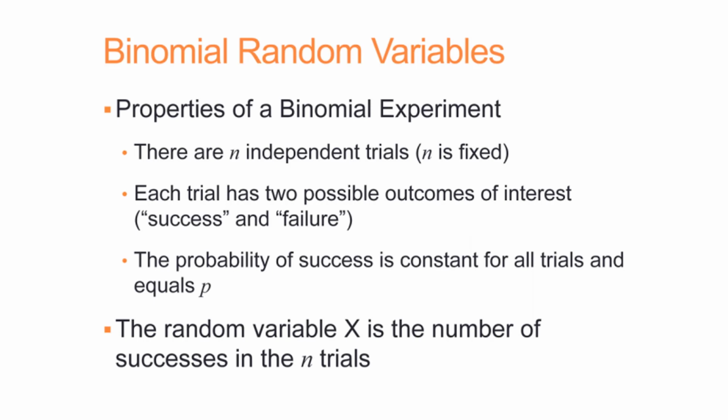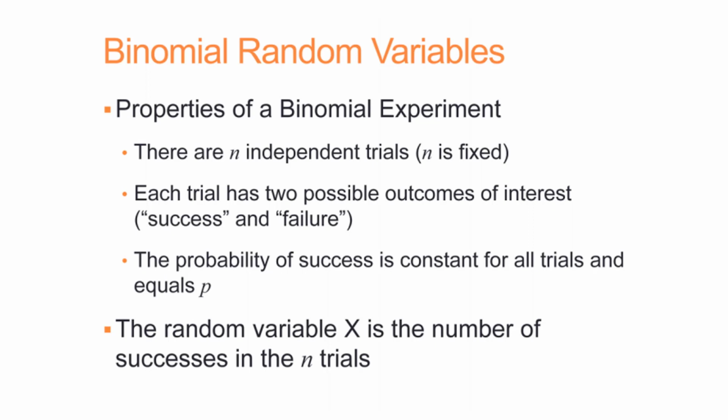Now we discuss the details about binomial random variables, which are a special type of discrete random variable. There are some important properties of a binomial experiment. First, there are n independent trials, where n is fixed.